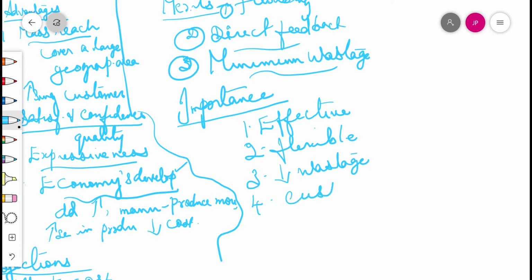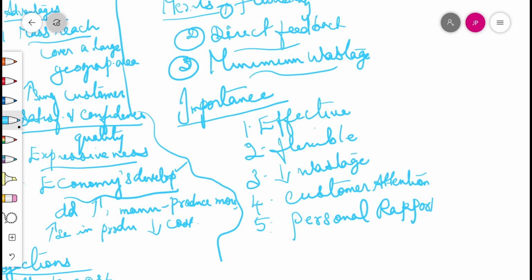And we can see personal rapport, personal relationship between the seller and the buyer, and a link with the customers by playing a persuasive, service, and informative role. The salesperson helps in linking the business firm to its customers. So no doubt personal selling has a lot of advantages for businessmen.